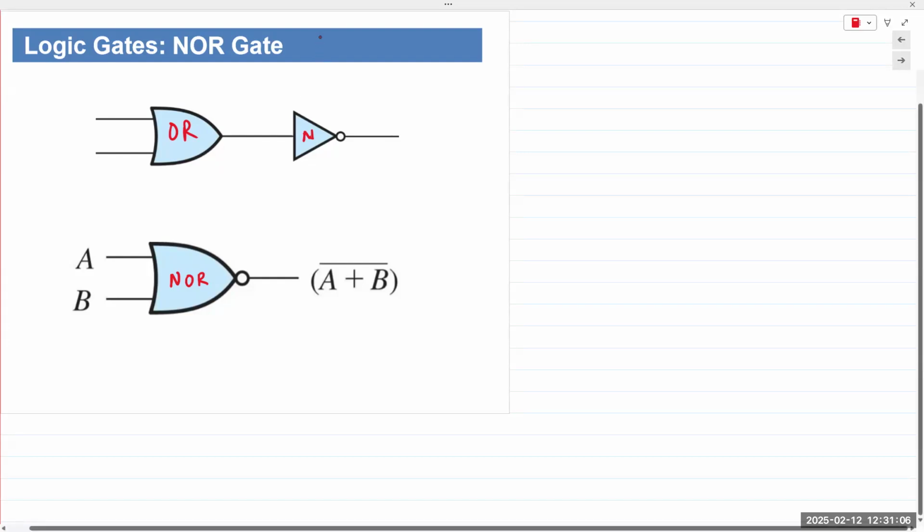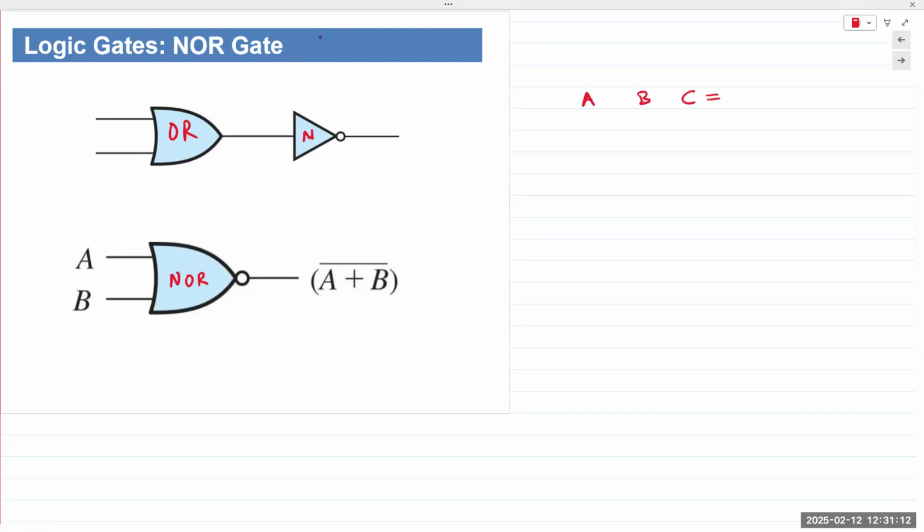All right, let's derive the truth table. So A, B, and C would be A plus B, inverted. So what do you think? If A and B are 0, 0, what is C? 1, right? 0 and 0 would give you 0, then you flip or invert it, so you get 1.